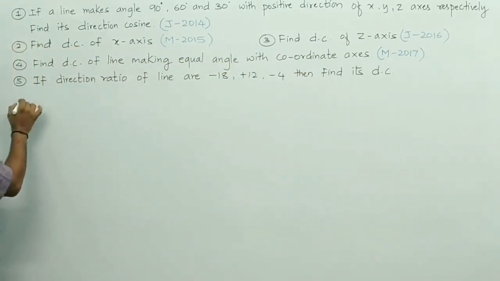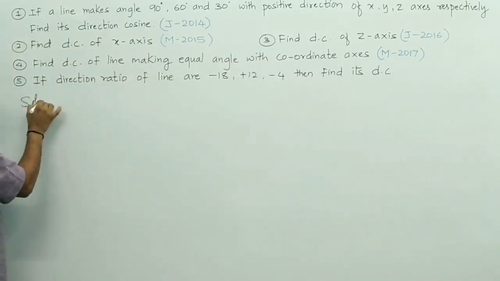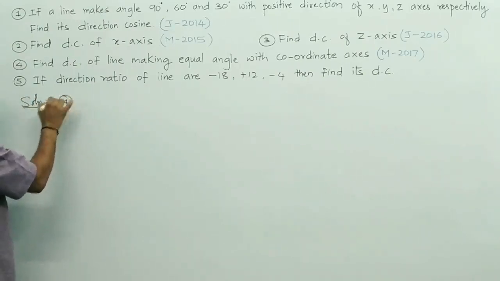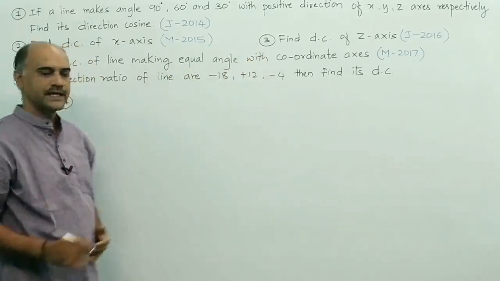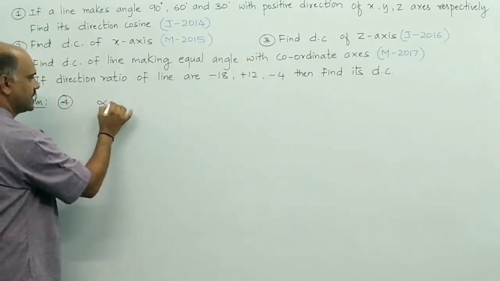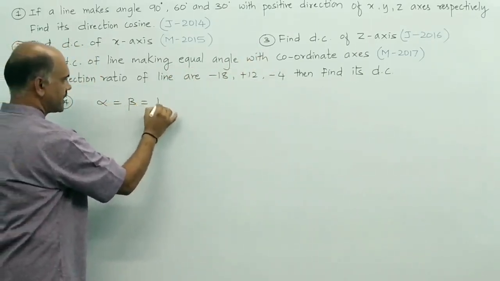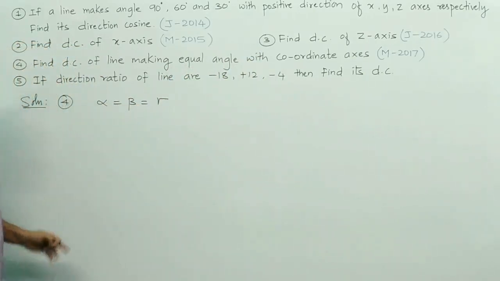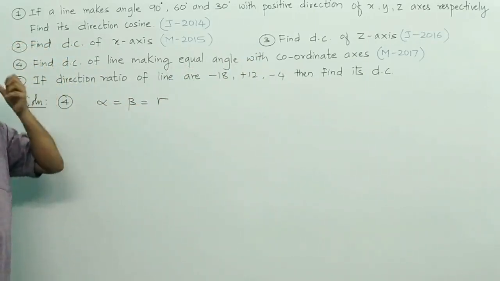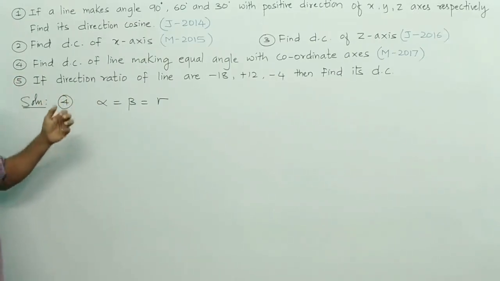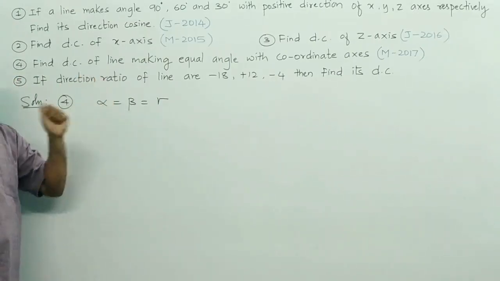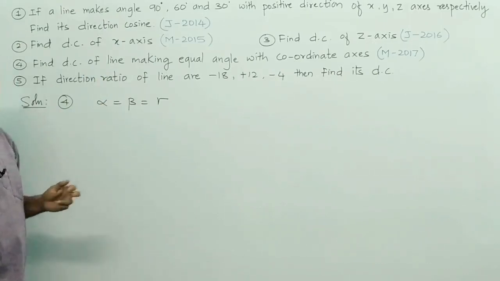If I take the fourth one, equal angle with coordinate axes means he has given alpha is equal to beta is equal to gamma. Means all 3 direction cosines should be the same. Now, you are required to find cos alpha, cos beta, cos gamma.